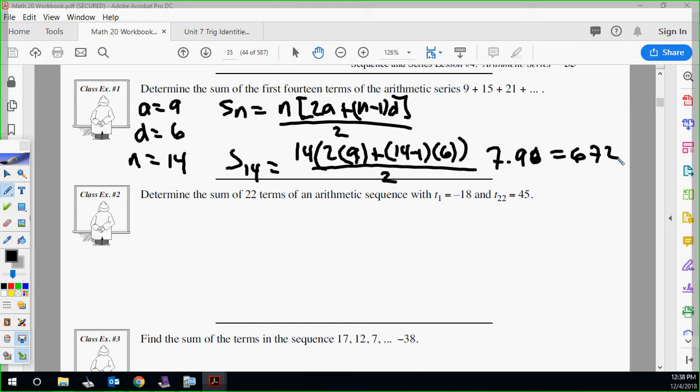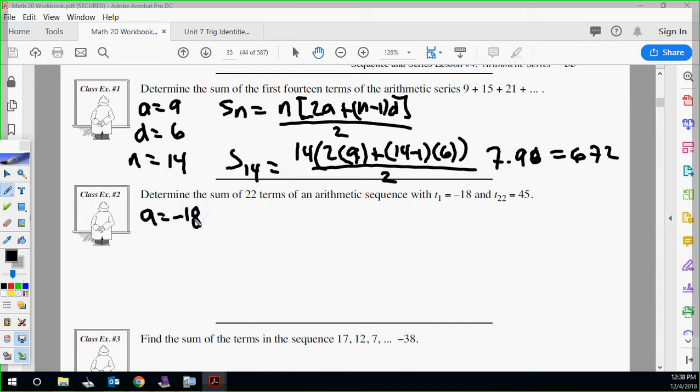Notice this one here. It says determine the sum of 22 terms of an arithmetic sequence, t1 is negative 18, t22 is 45. Notice what we are missing, so we might use that second formula down there at the bottom. What do we know? We know that a is negative 18.